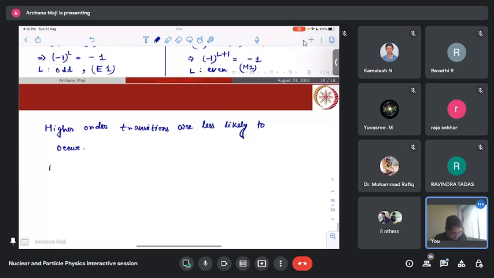And also for the same order, the magnetic transition is less probable compared to the electric transition.